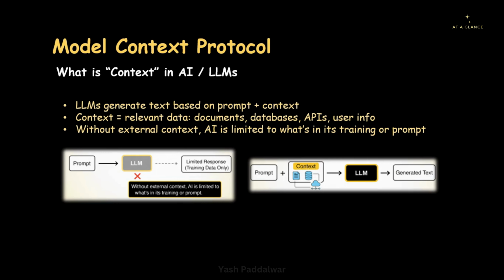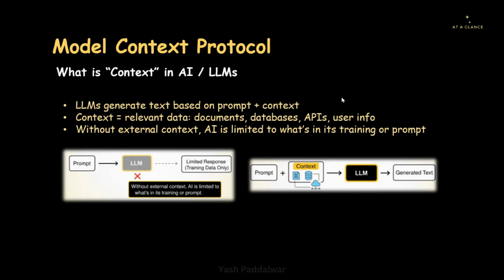But when it comes to a RAG system or any Gen AI application, we not only consider the prompt, we also have to consider some external factors, or some external data which we give to the LLM so that it understands it and provides some insights out of it. So apart from the prompt, whatever we provide to the LLM, we call it a context.